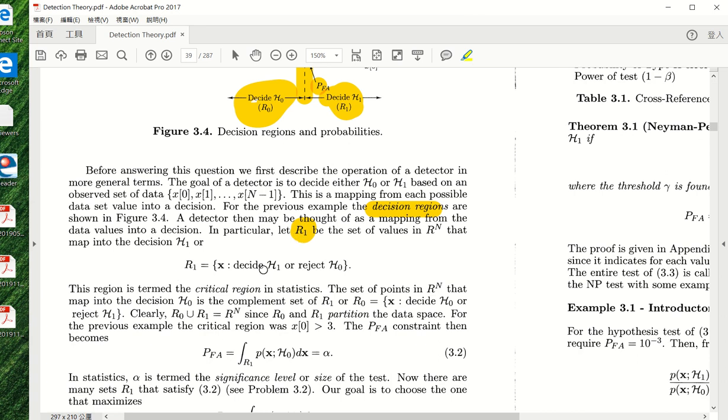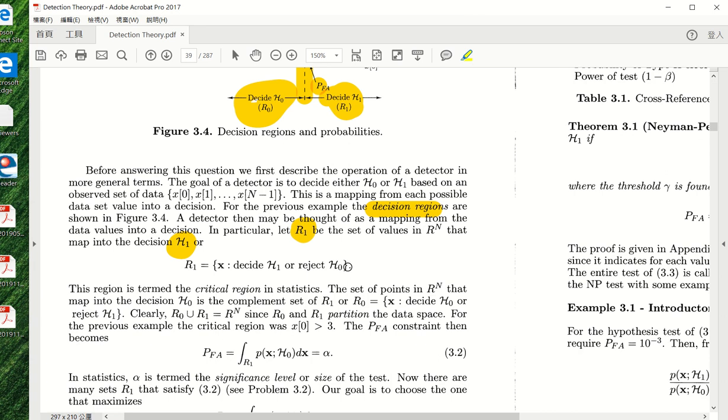Okay, so R1 be the set of values that map into decision H1. So we will say R1 is the region of X that decides H1 or rejects H0.